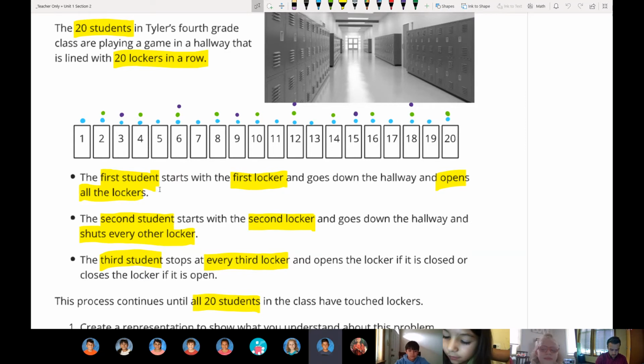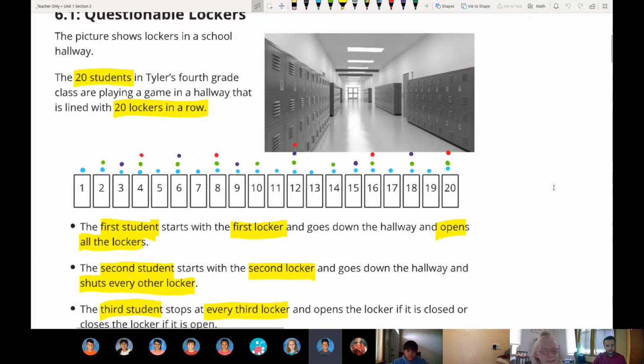The 4th student would touch 4, 8, 12, 16, and 20. Very good. Thank you, Gio.